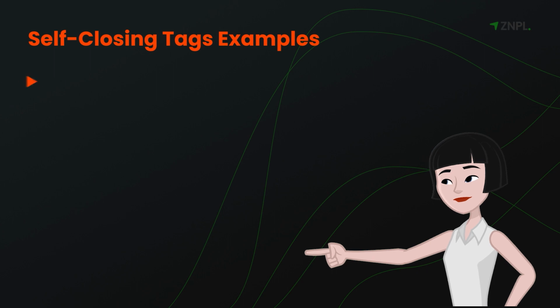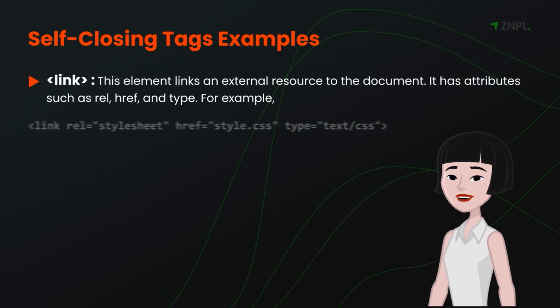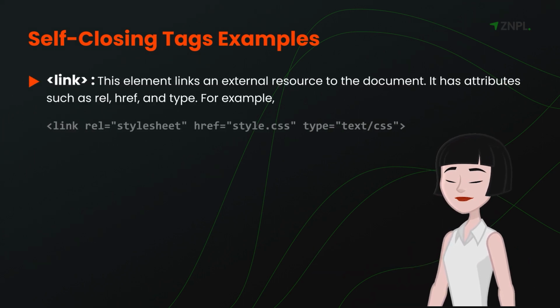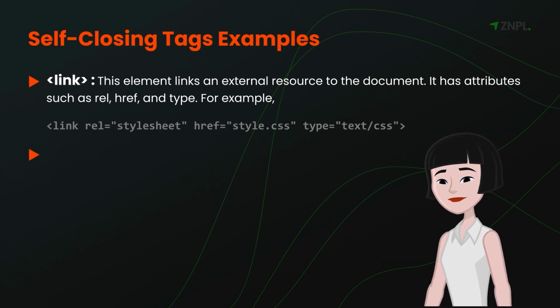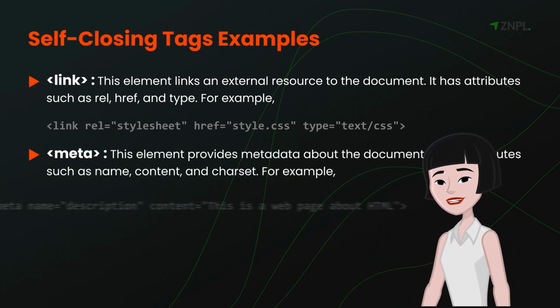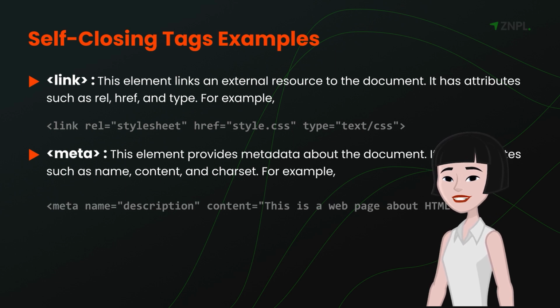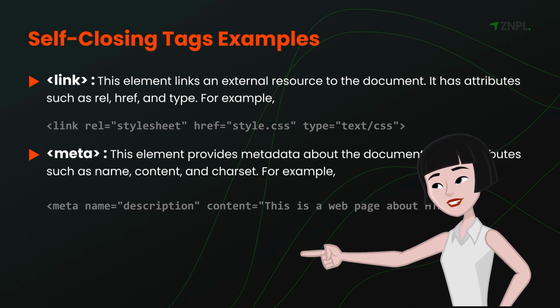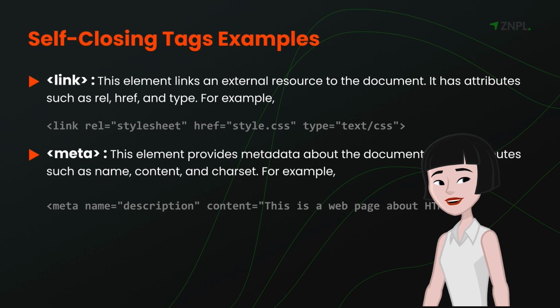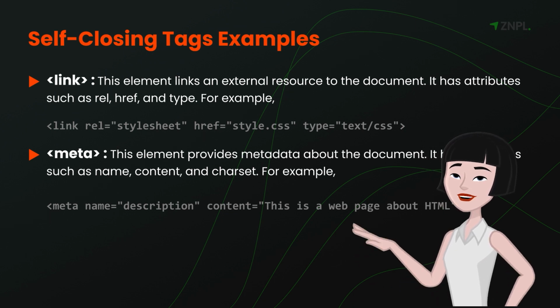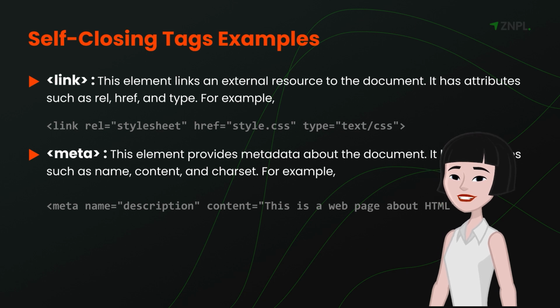Link element. This element links an external resource to the document. It has attributes such as rel, href, and type. For example, this will link a CSS file to the document. Meta element. This element provides metadata about the document. It has attributes such as name, content, and charset.